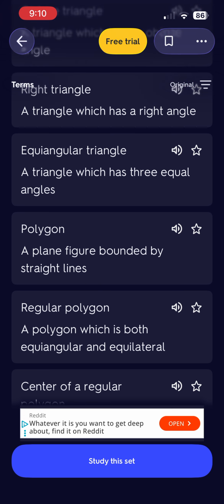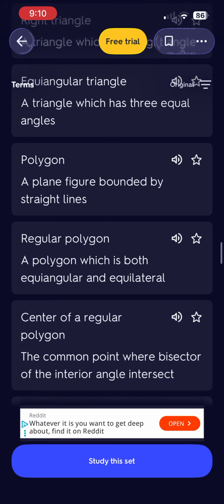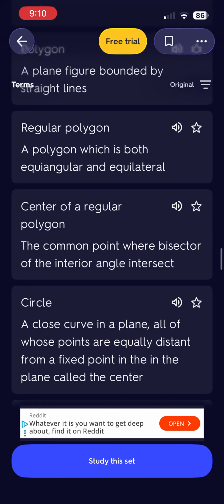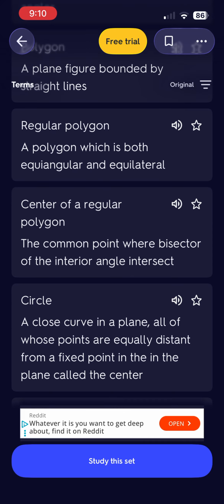A triangle which has a right angle. Equiangular triangle. A triangle which has 3 equal angles. Polygon. A plane figure bounded by straight lines. Regular polygon. A polygon which is both equiangular and equilateral.